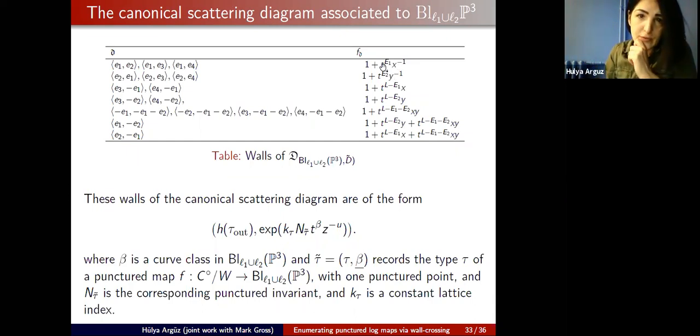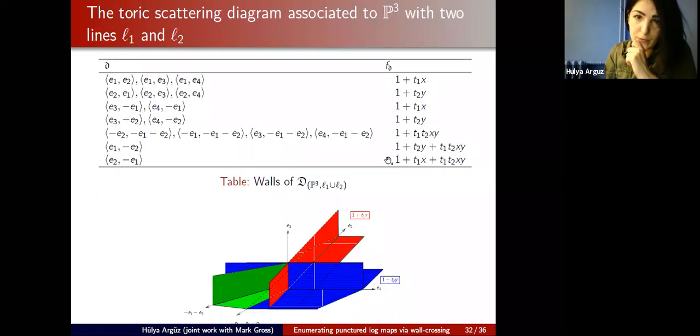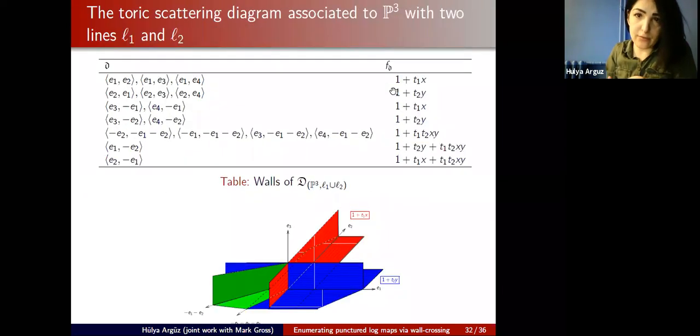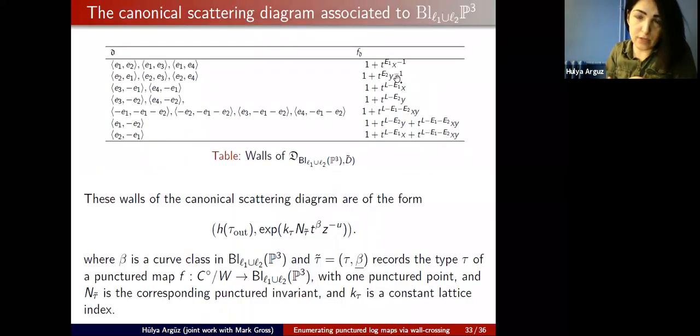And E_1 is the class of a fiber of the exceptional divisor. So we had blown up line 1 and line 2. If you take a fiber of the exceptional locus and say its class is E_1, so you trade T_1 with that and T_2 with E_2, which is the fiber over the exceptional locus, and L is the strict transform of a generic line.